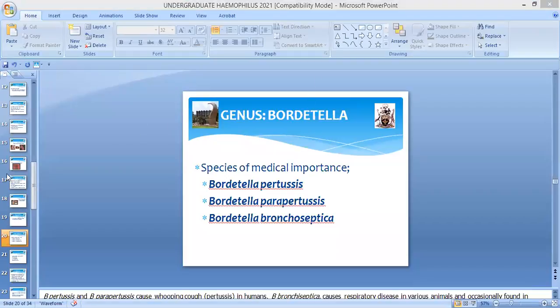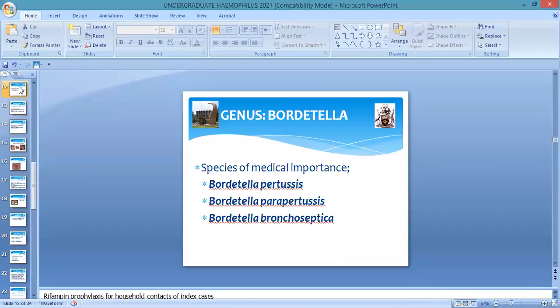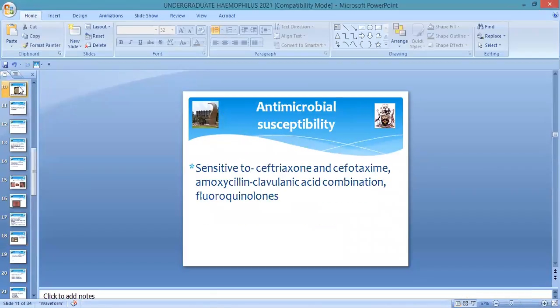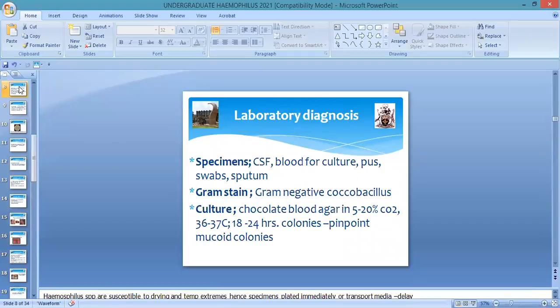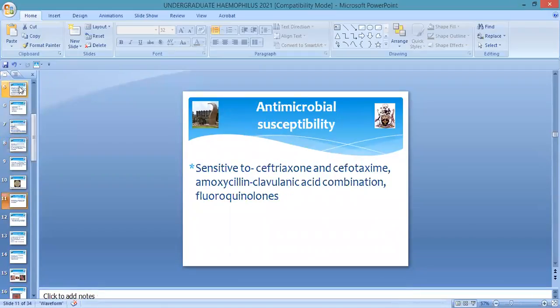So just take note of what you probably don't see highlighted on the slide. I'll go back to Haemophilus influenzae in terms of treatment. For treatment of Haemophilus influenzae, because they produce the beta-lactamase enzyme, they are mostly resistant to the beta-lactam antibiotics.